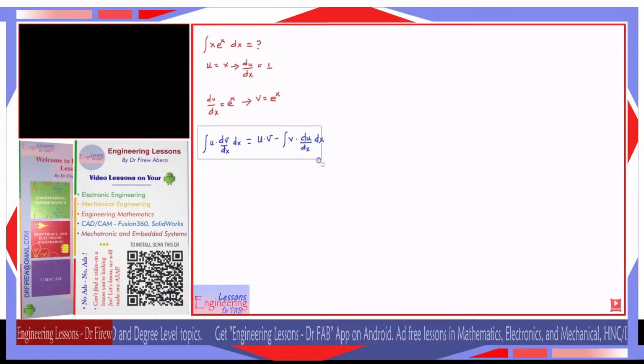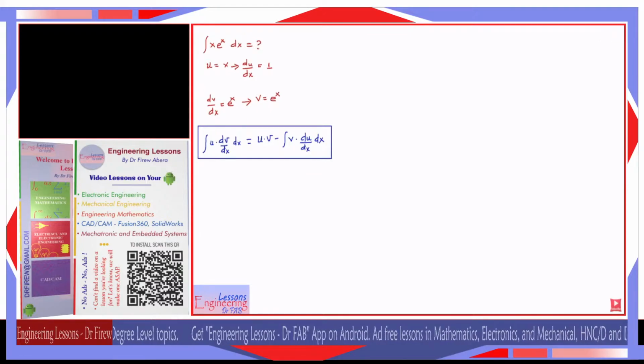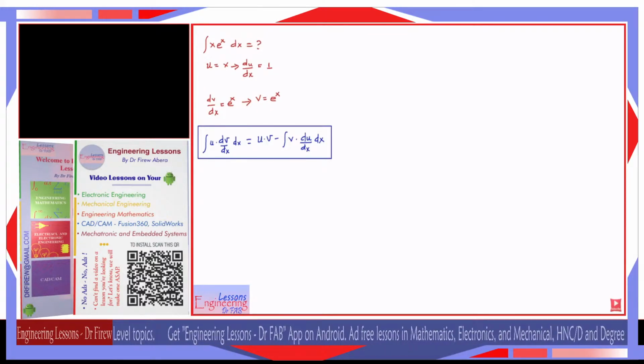So that's the rule of integration by parts, and we're going to apply this to our problem here.